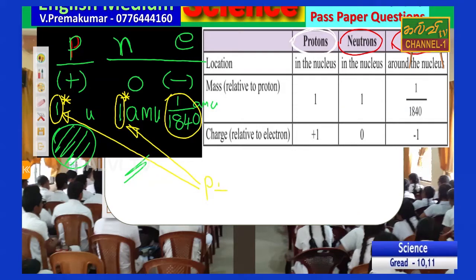Protons and neutrons together equal the mass of the atom. Why? Because the mass of electrons is very small. So this is very important. Mass is 1 unit, and this is 1 over 1840.